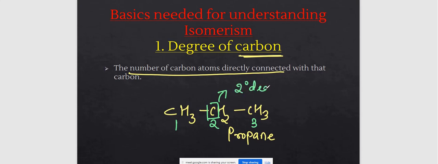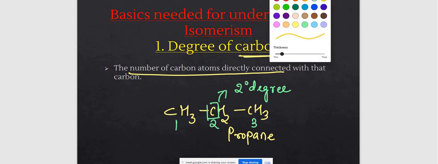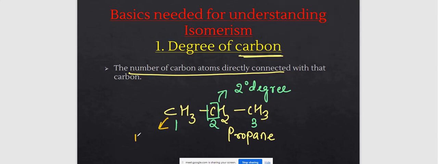So the degree of a specific carbon atom is the number of carbon atoms directly bonded with it. Now the extreme carbon atoms, first carbon and third carbon: degree 1, because they are connected with only one carbon atom directly.